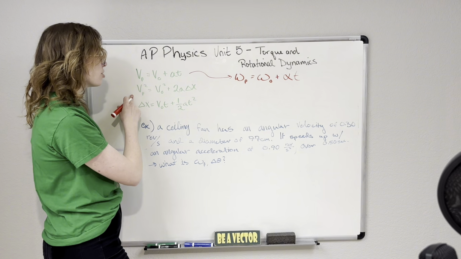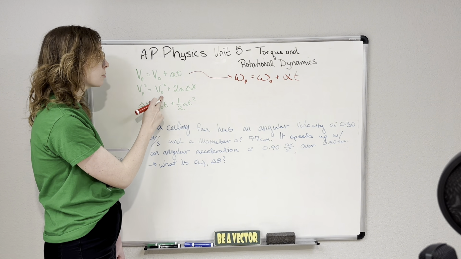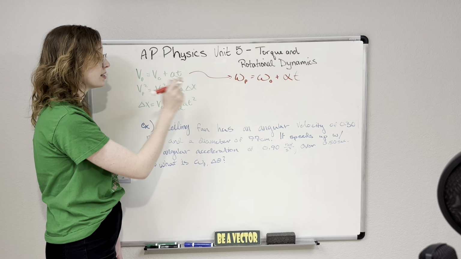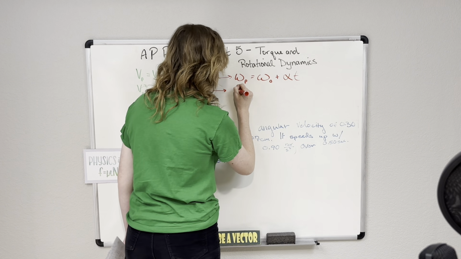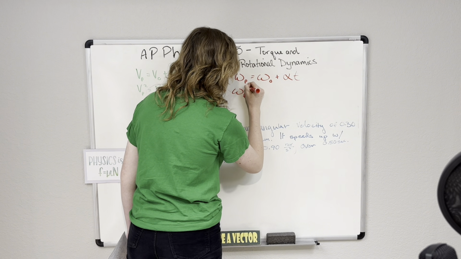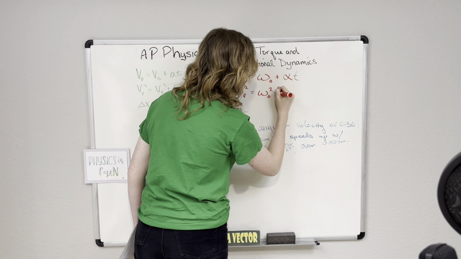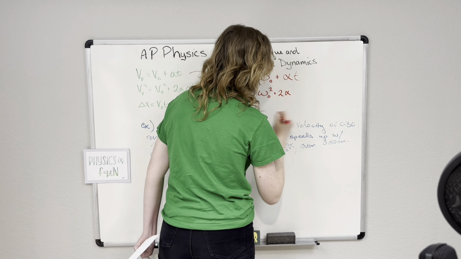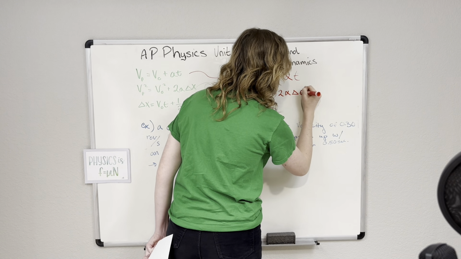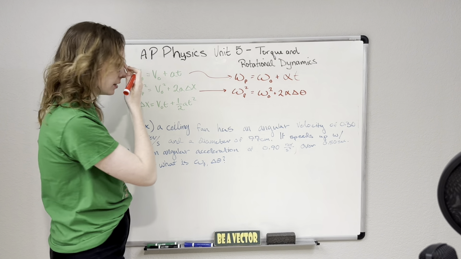Our second equation: final velocity squared is equal to initial velocity squared plus 2 times acceleration times displacement. All that becomes is that our final angular velocity squared is equal to our initial angular velocity squared plus 2 times our angular acceleration times our angular displacement. And instead of x, I use a theta to represent angular displacement.